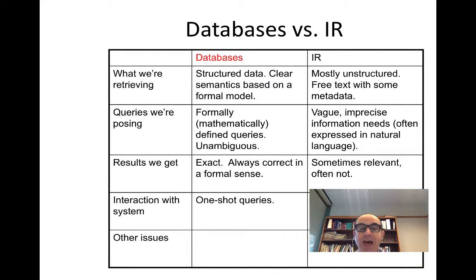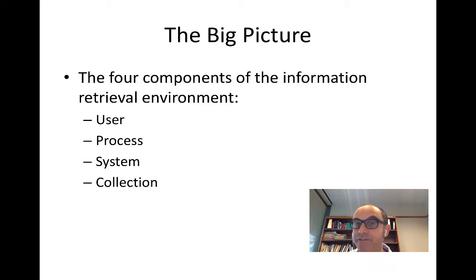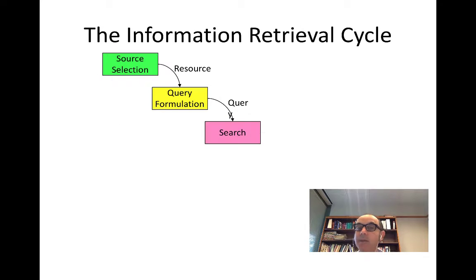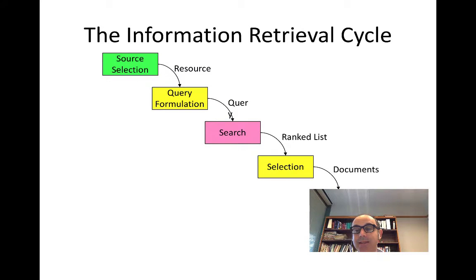The interaction with the system is usually a one-shot query in a database, and in IR or in Google, it's multiple queries that you are asking in order to apply that. So the four components of the information environment are the user, the process, the system, and the collection. So we are talking about the idea of what does it entail?